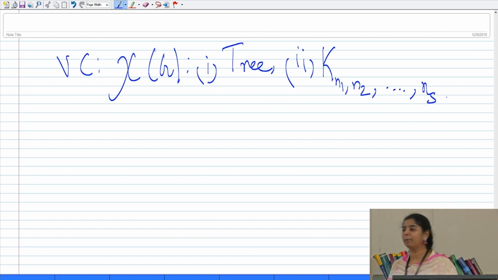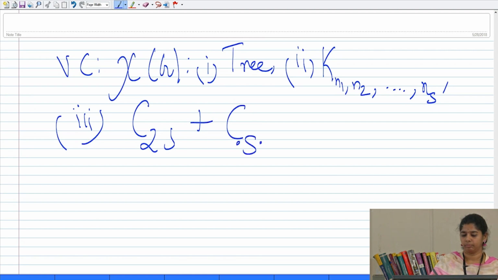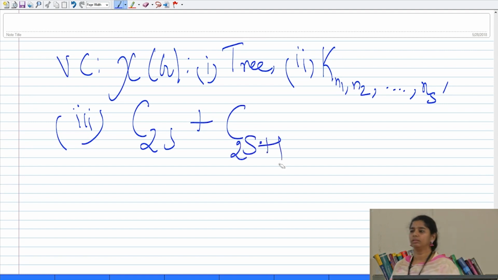If I have a multipartite graph, say S partitions are there, say K n1, n2, ..., ns, each partition Ni contains Ni number of vertices. C2S plus C2S plus 1. So, what is the sum operation here between two graphs? How do you define it?